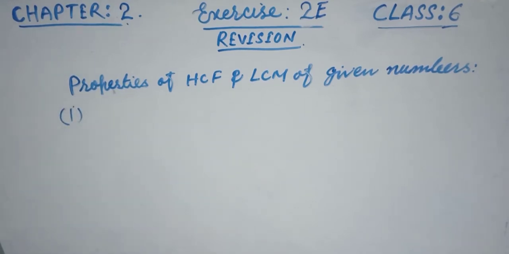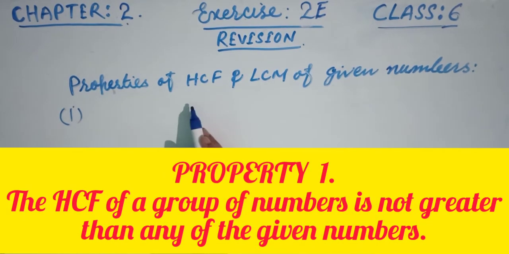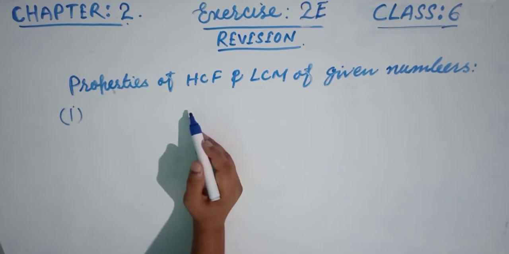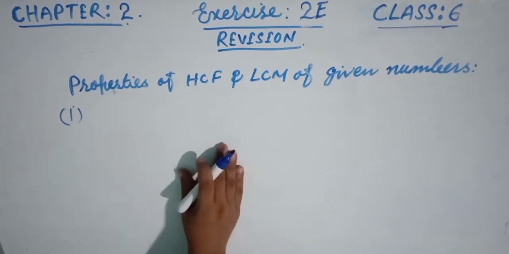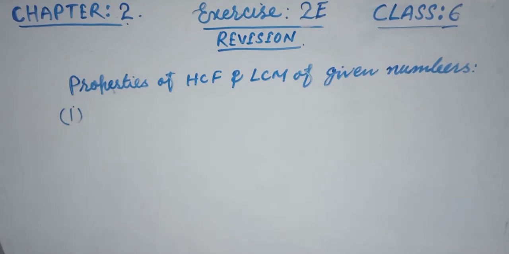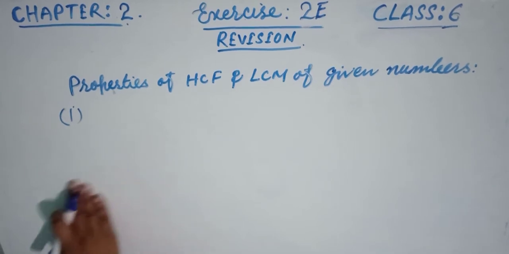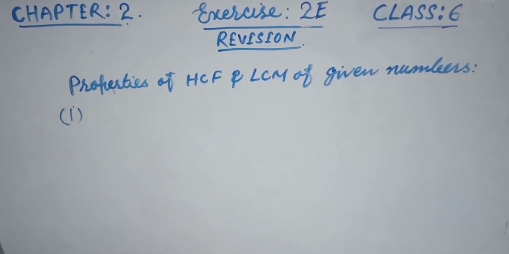The HCF of a group of numbers is not greater than any of the given numbers. That means the HCF of the given numbers is not greater than any one of the given numbers.